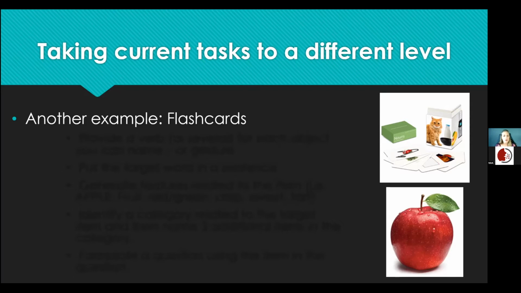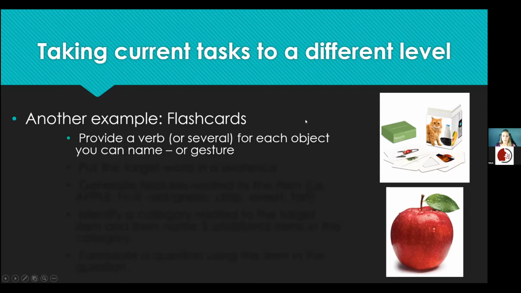So when we've gone through that deck of cards and we can name our items, what else can we do with them? So here I go again with my verbs, but I can't help it. So instead of, let's say that apple is our flashcard, give a couple verbs for what you can do with an apple instead of just naming apples.